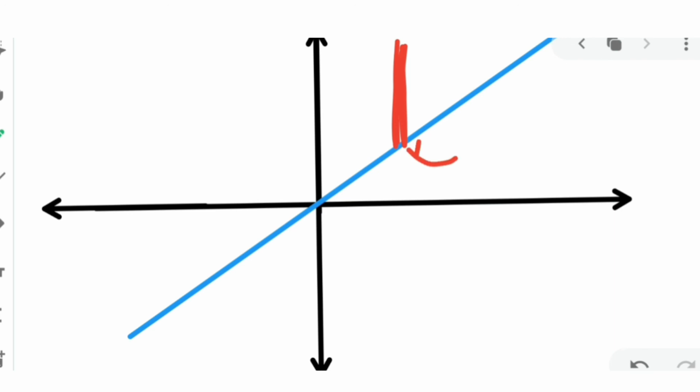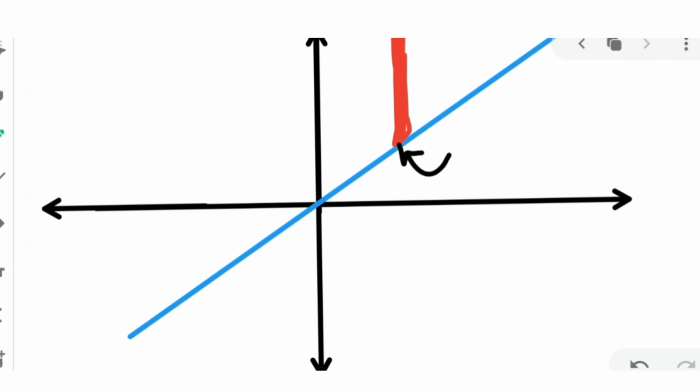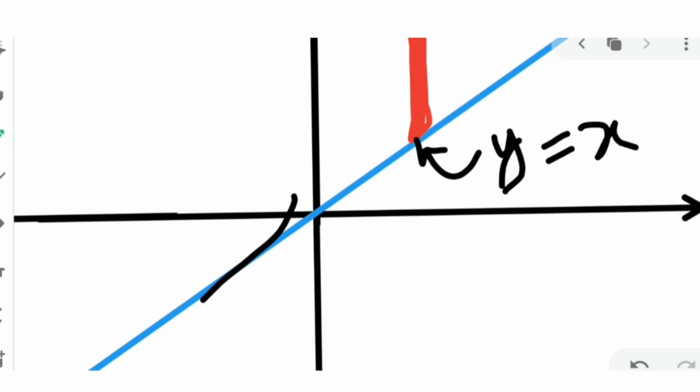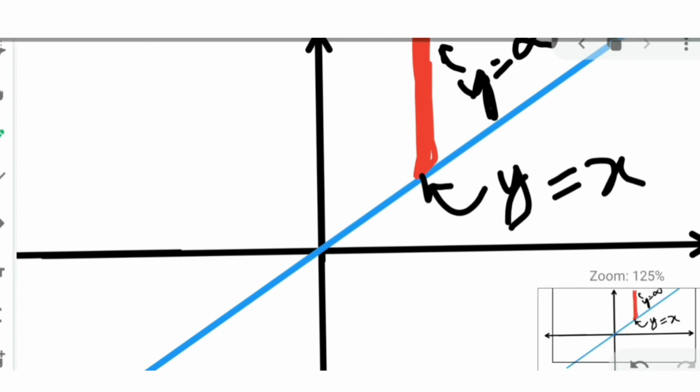From here, this is y equals to x, to here y equals to infinity, right?